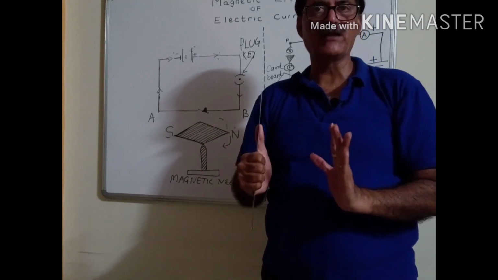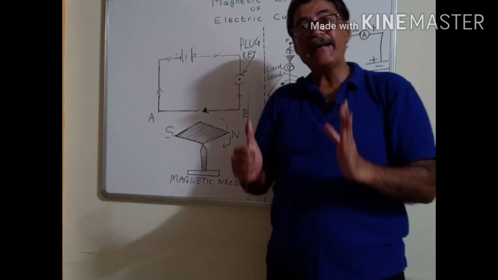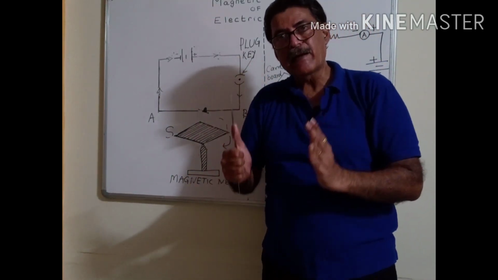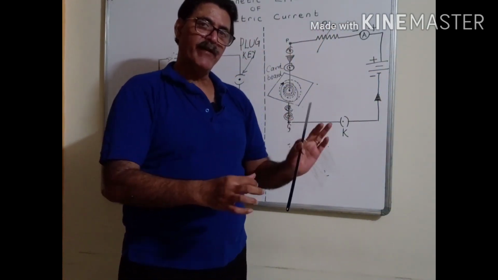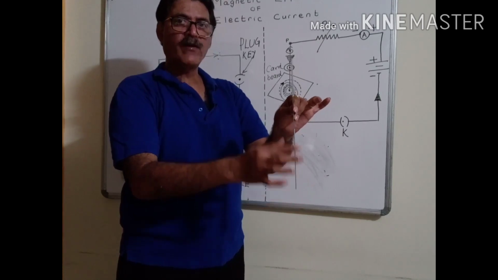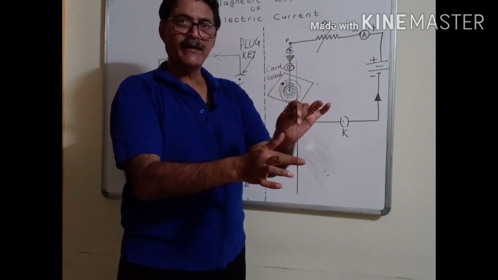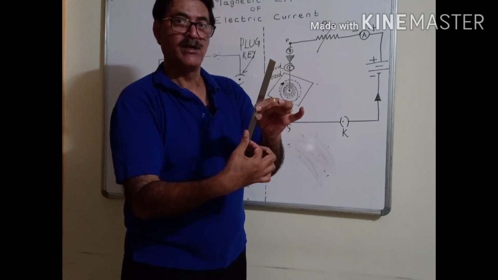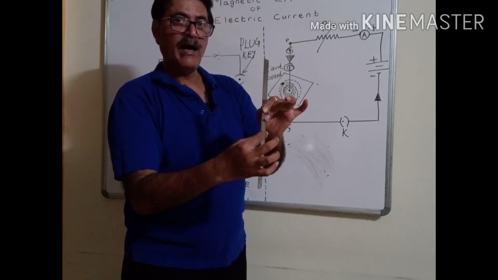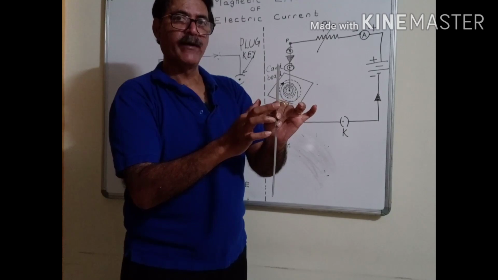I hope you understood the right hand rule. The right hand thumb rule gives you the relation between the direction of current flowing in a straight conductor and the direction of the magnetic lines of force which are formed due to current flowing in this conductor.